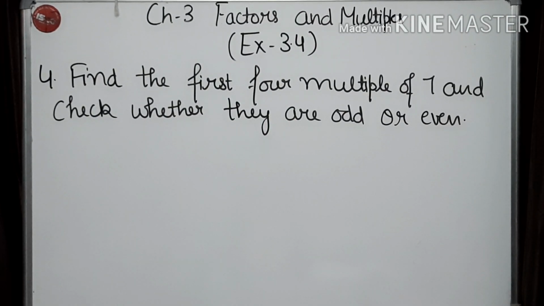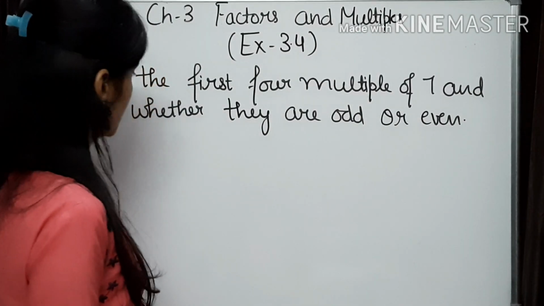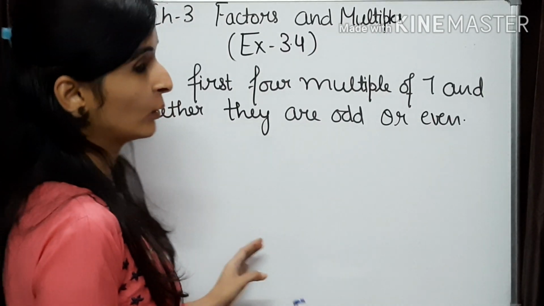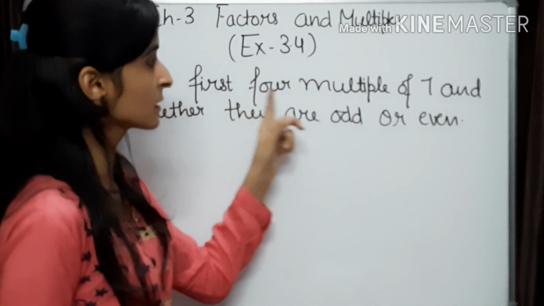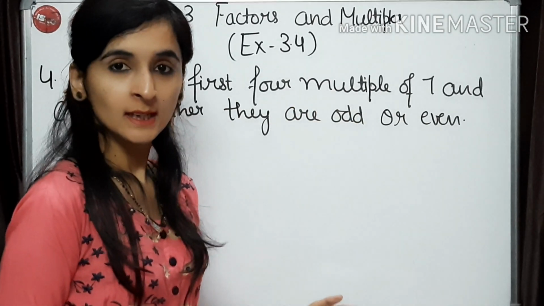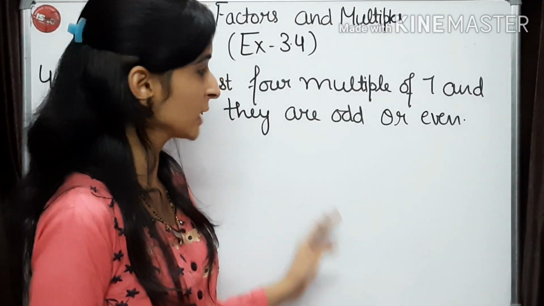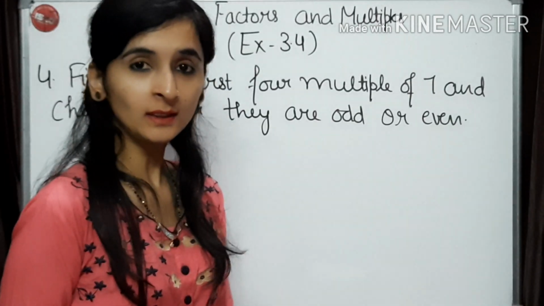The next question is, find the first 4 multiples of 7 and check whether they are odd or even. So what we have to do here, first of all, is find the first 4 multiples of 7, and then after finding the multiples we have to check whether the multiples we have found are odd or even.